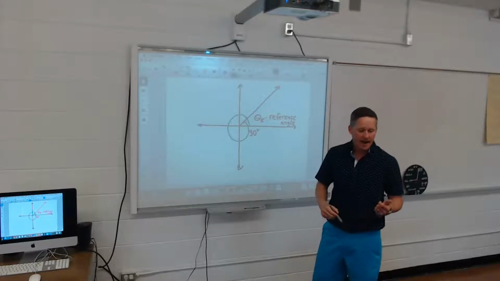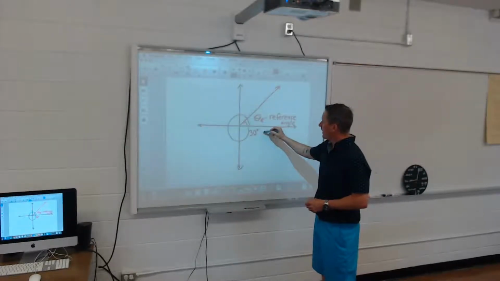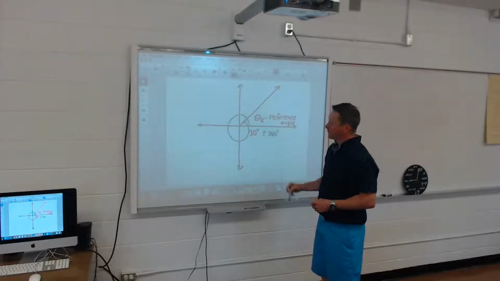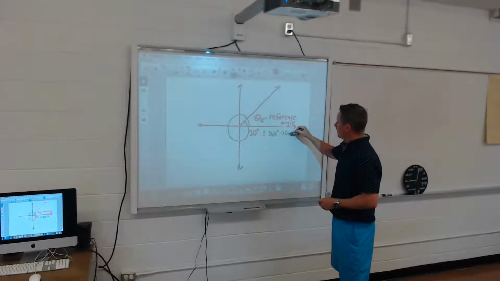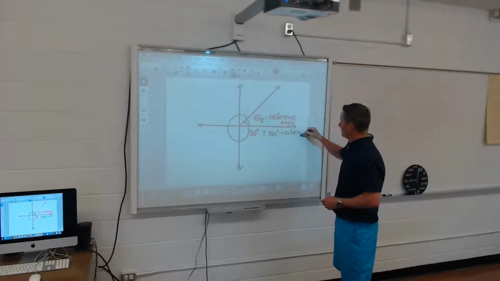So how do I find anything that's a coterminal angle? I either add or subtract 360 degrees to that angle, and that gives me what we call a coterminal angle.